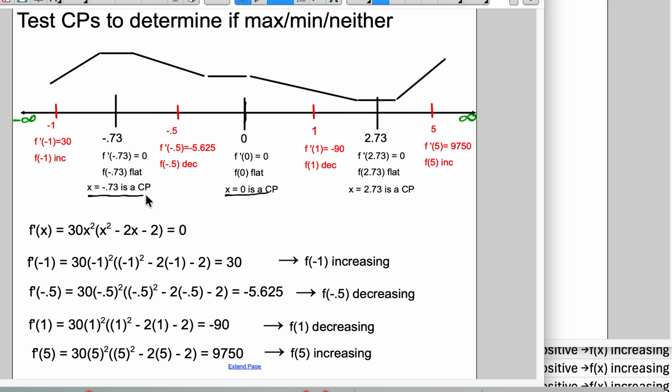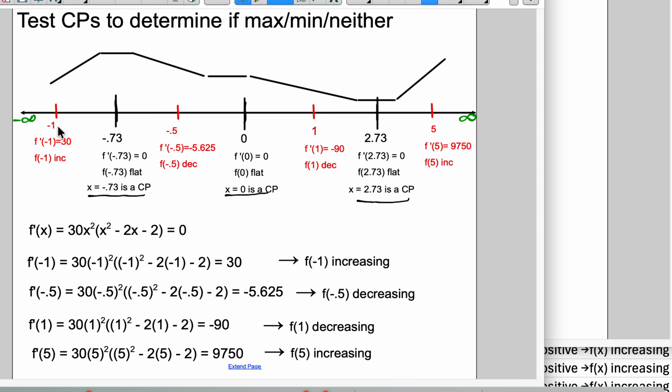Here's my critical point, x equals negative 0.73. And here's my last critical point, x equals 2.73. And so I want to understand what's happening where I have an x value less than negative 0.73, and then I want to see what's happening between negative 0.73 and 0, and so forth.